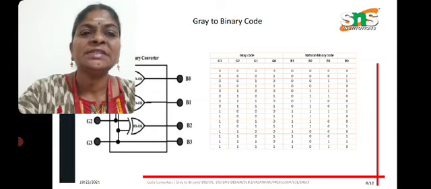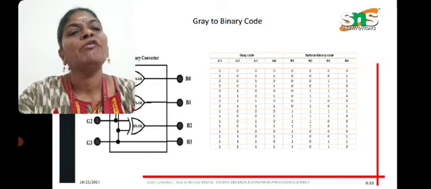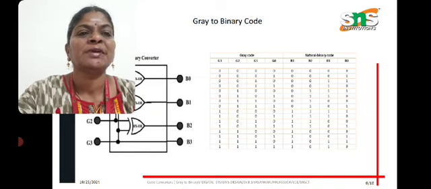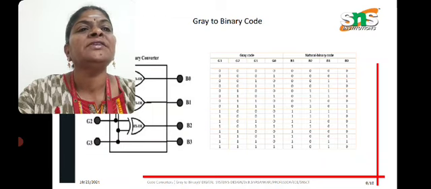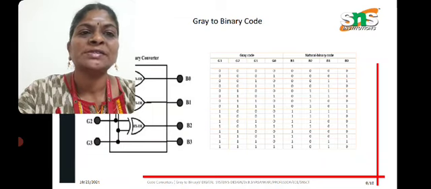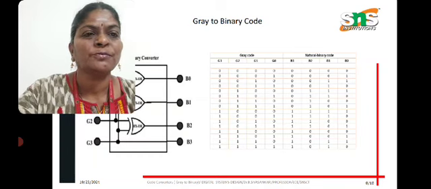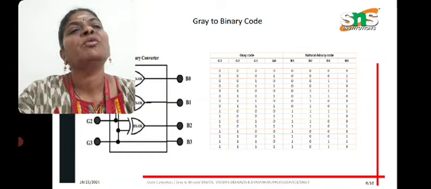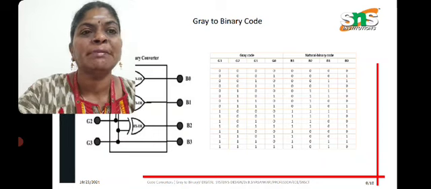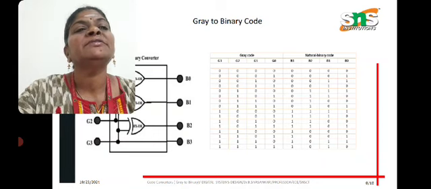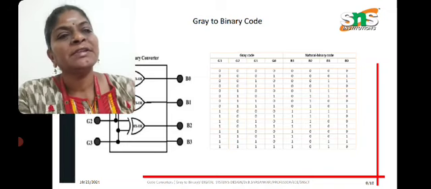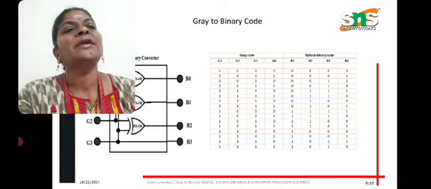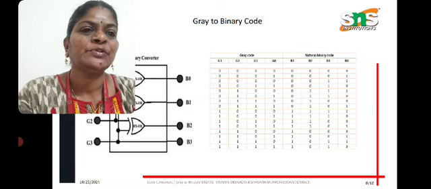Here you can see the difference between the truth tables of binary to gray and gray to binary. In binary to gray, the 8421 binary code was the input and gray was the output. Here, whatever you found in the binary to gray conversion is just interchanged in the truth table: your binary terms will be the output and your gray terms will be the input.